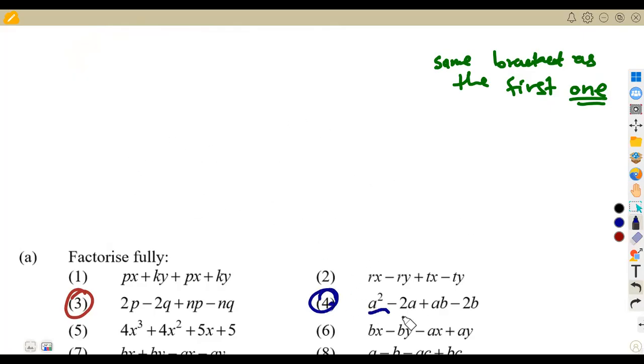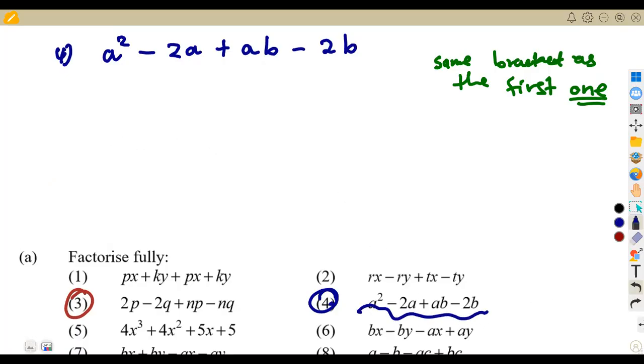All right, this is the same scenario that we have on question number 4, whereby we are given a squared minus 2a plus ab minus 2b like this. So I want us to see what is happening here. We've got the same scenario.